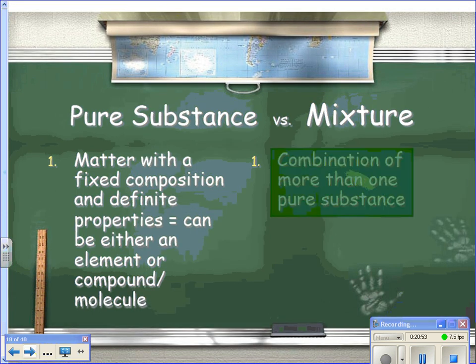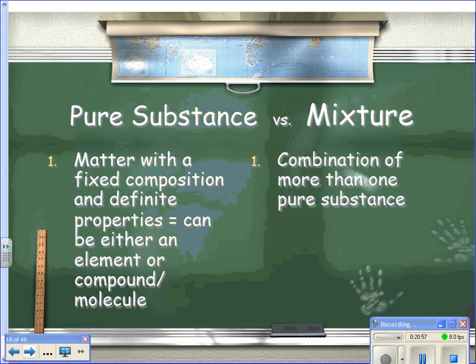A mixture is a combination of more than one pure substance. So you have pure substances, fixed composition, all put together to create something else. So it's all mixed together or connected together in some way.